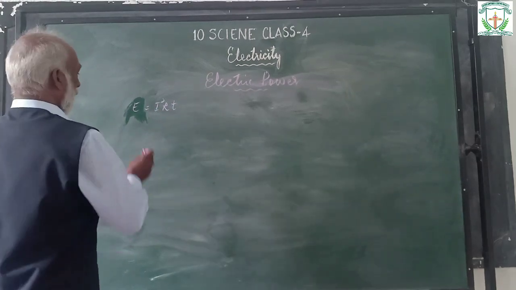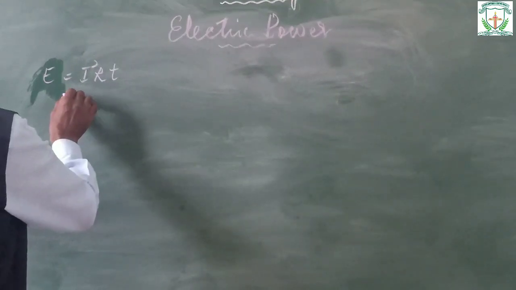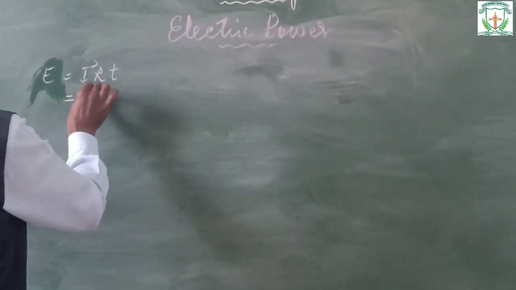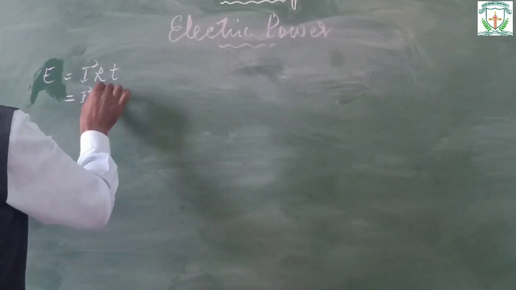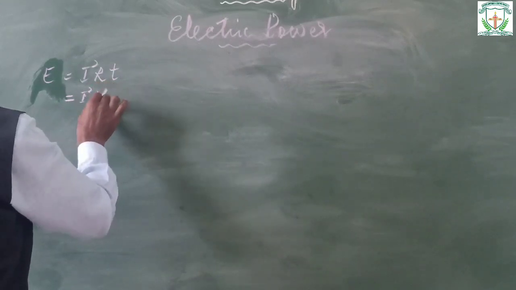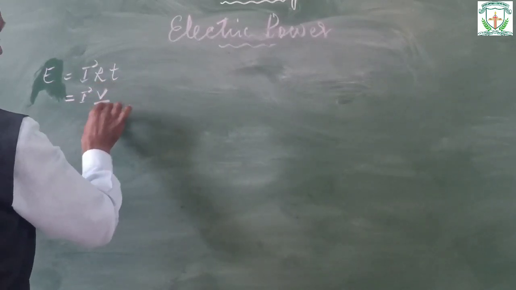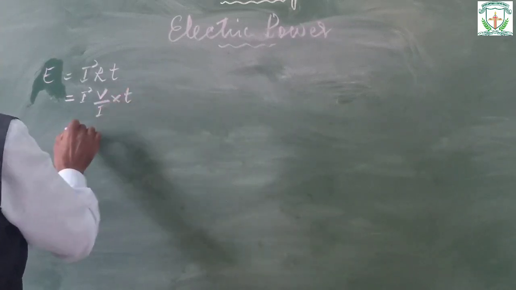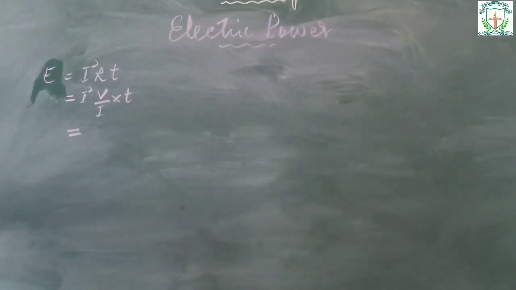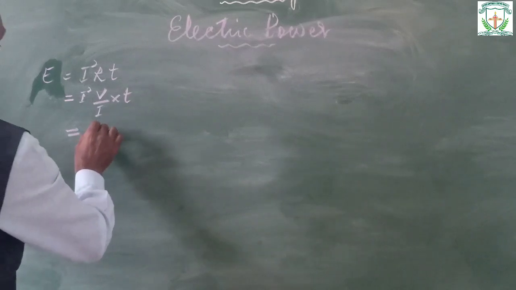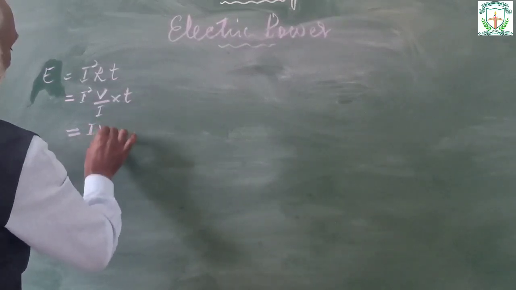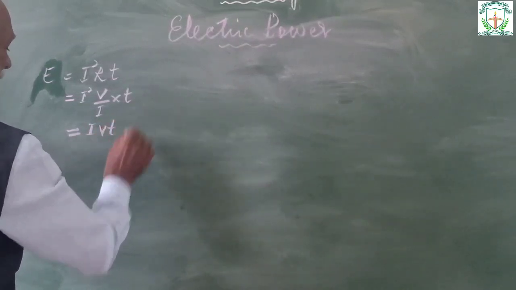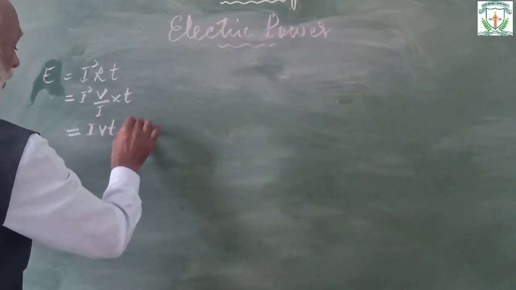R can be replaced by V by I. So if you simplify, you get IVT, so many joules.